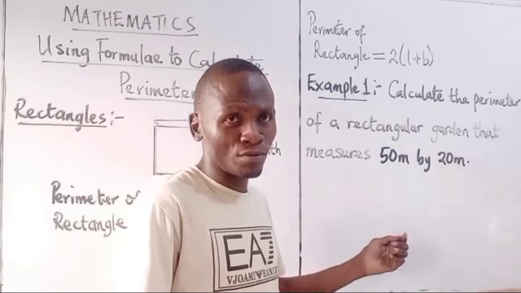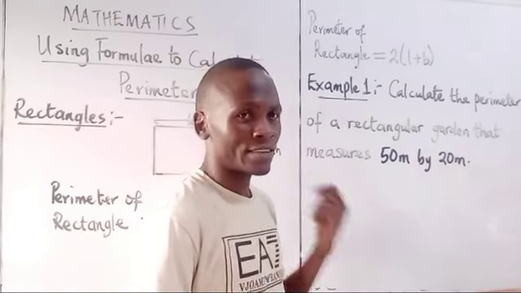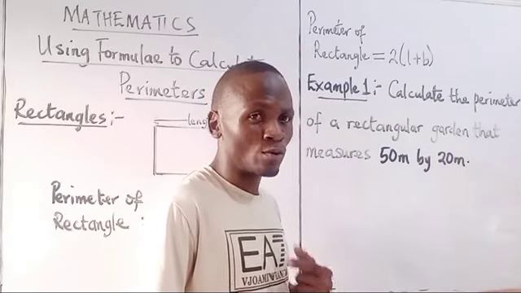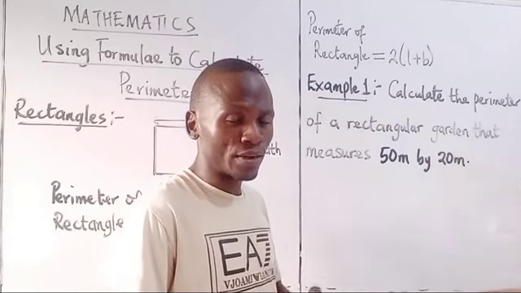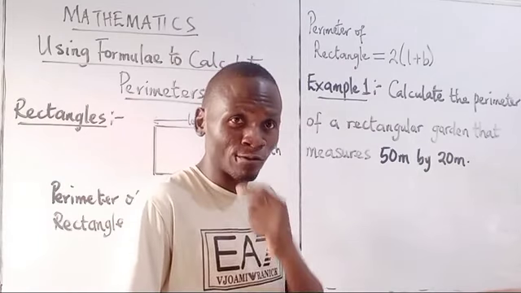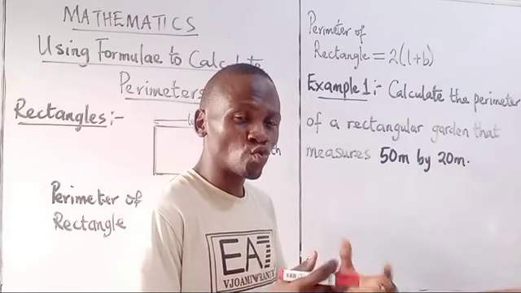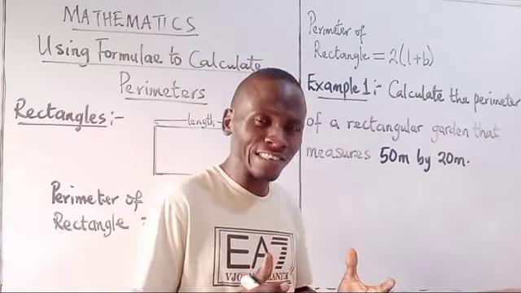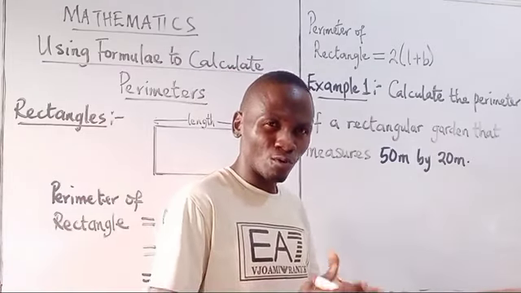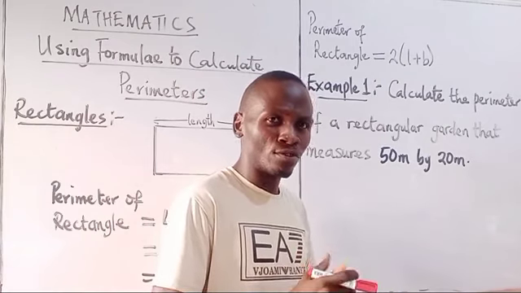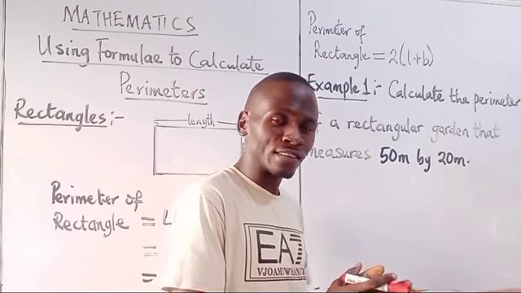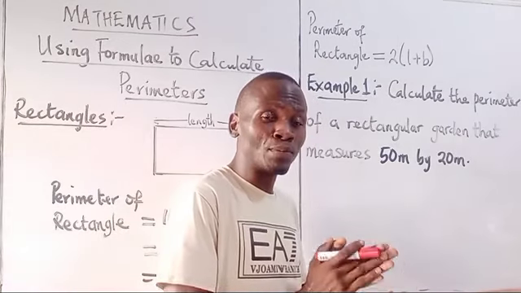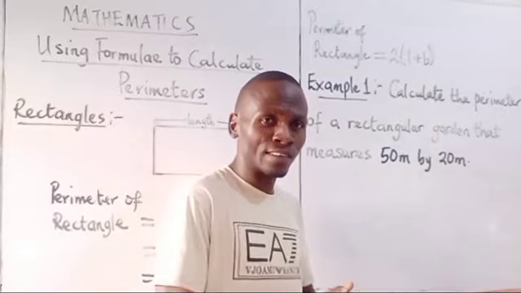The bigger value is the one that indicates our length, while the smaller value is the one that indicates our breadth. That is the way it is in rectangles. When you are given two values that represent the sides of a rectangle, we should know that the bigger value represents the length of the rectangle, while the smaller value represents the breadth of the rectangle.